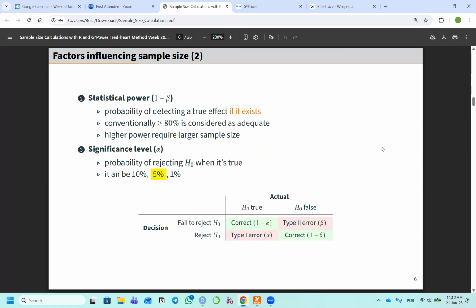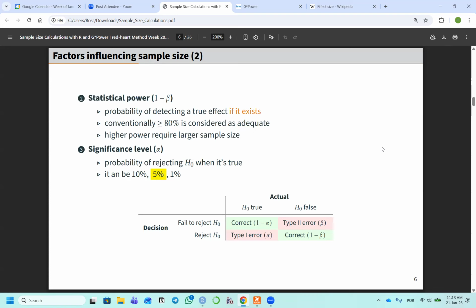Yeah. And the second very important factor that determines our sample size is statistical power. So statistical power is simply a probability. Probability of what? It's the probability of detecting a true effect if it really exists. If it does not exist, it doesn't matter actually.